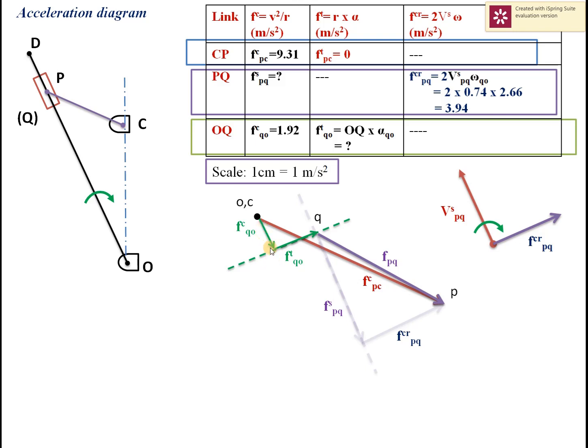And vector addition of both these components FCQO plus FTQO will give FQO, total acceleration of Q relative to O, which will be represented by vector OQ. So this is the resultant acceleration polygon. FQO plus FPQ is equal to FPO.